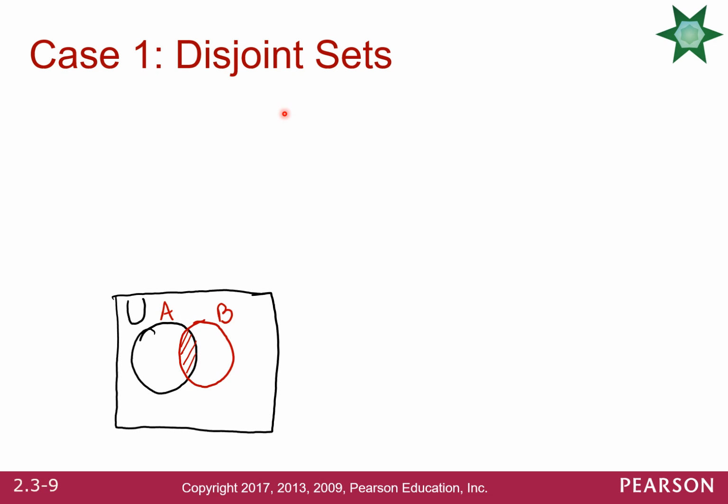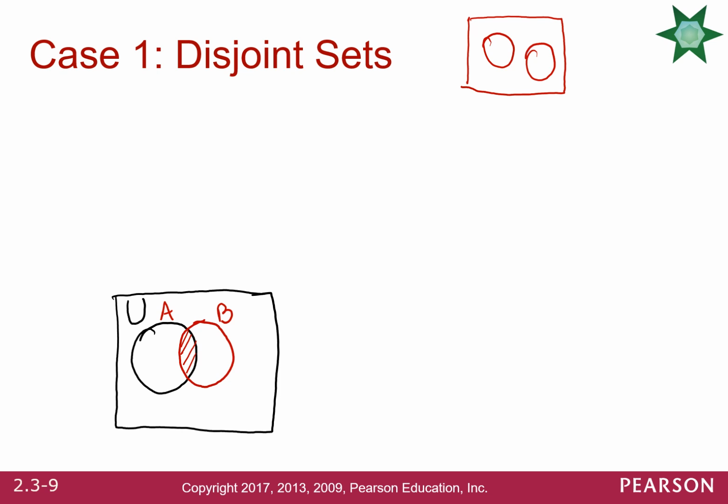So recall what disjoint sets were. Disjoint sets were those where there were no common elements, right? So we talked about disjoint sets. We showed the diagram being like this. There were two circles, but they were not connected in any way, right?